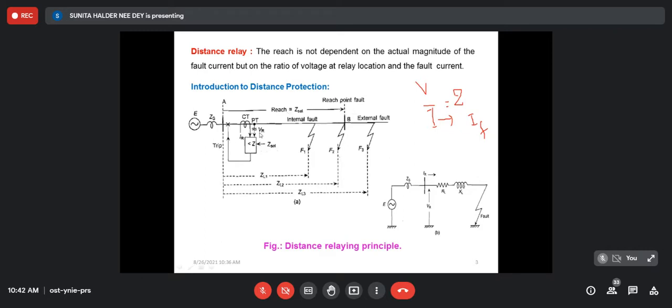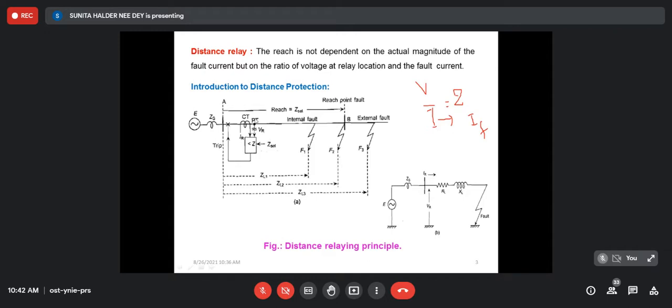It is entrusted that this relay should operate for every fault within AB, and it should not operate for any fault beyond AB. But if any relay operates for any fault beyond AB, that means it is crossing its reach. In that case, it is called the relay has overreached. It was not expected to operate, but it has operated. So that is the overreach condition.